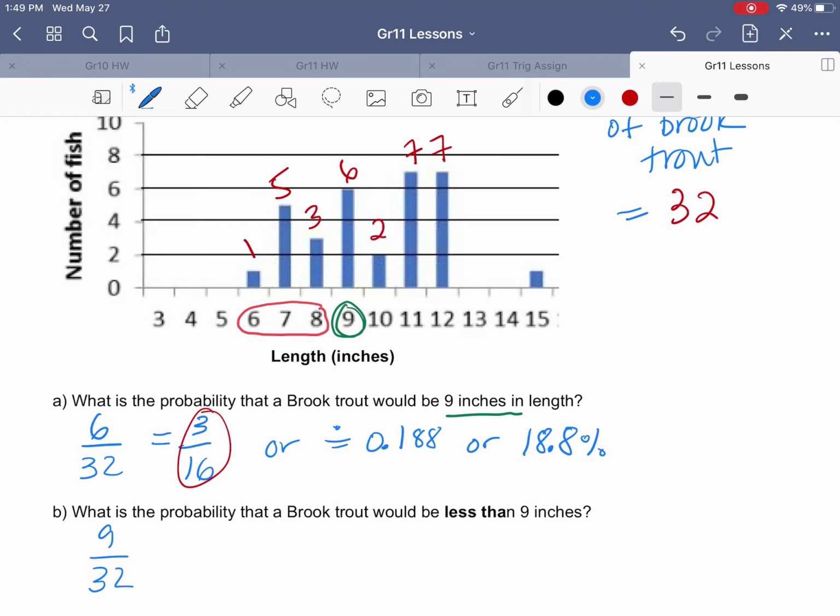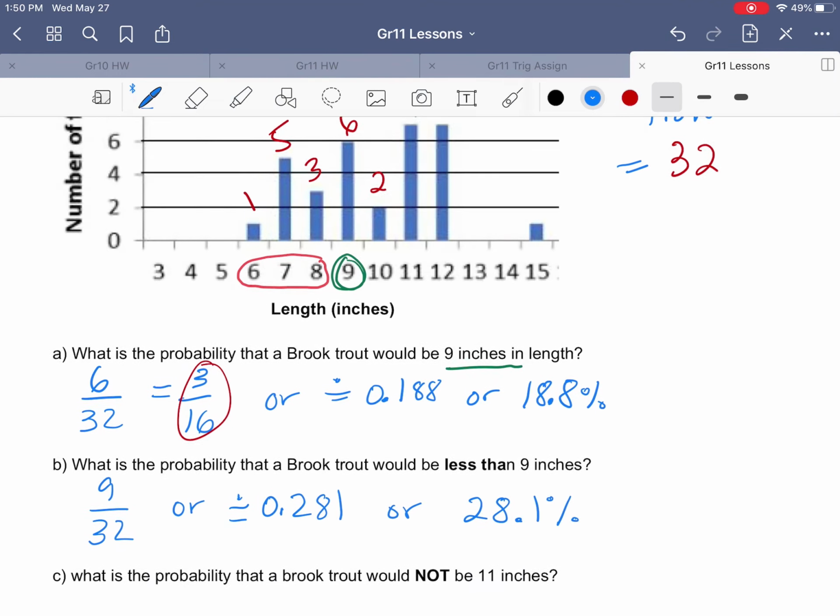So we have 9 on 32, and we can't reduce that fraction any further. We can write it as a decimal as approximately 0.281, or as a percent, 28.1%.